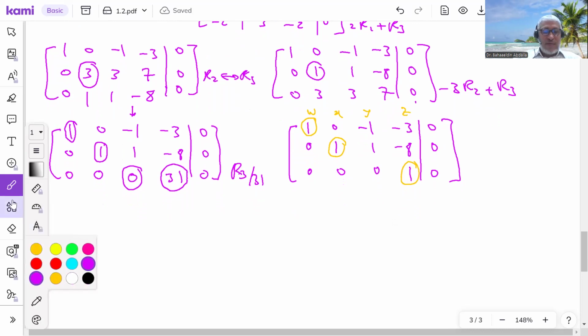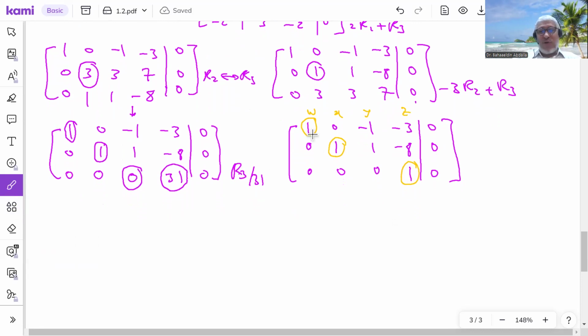So the first one will give me W minus Y minus 3Z equals 0. The second one would be X plus Y minus 8Z equals 0. And the last one will give me Z equals 0. Y is the free variable.